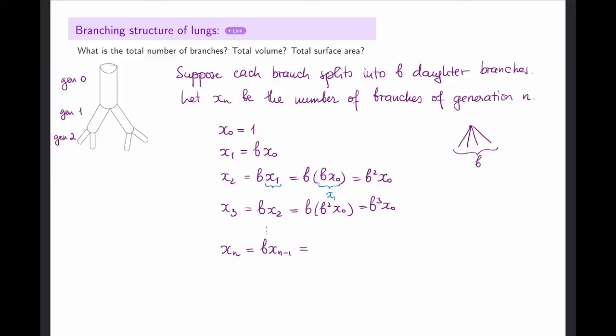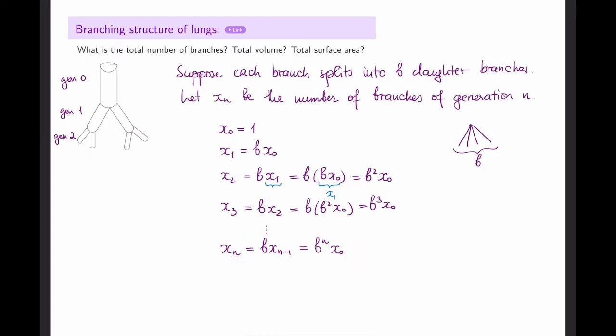And then following the pattern here, I notice that in each generation, the power on b increases. So I will have altogether b to the power of n times x naught for the total number of branches in generation n. Now, this is then the rule linking generations.